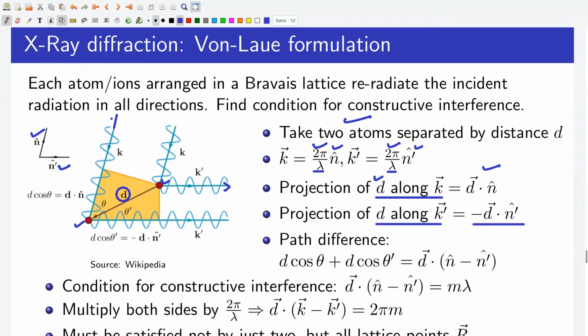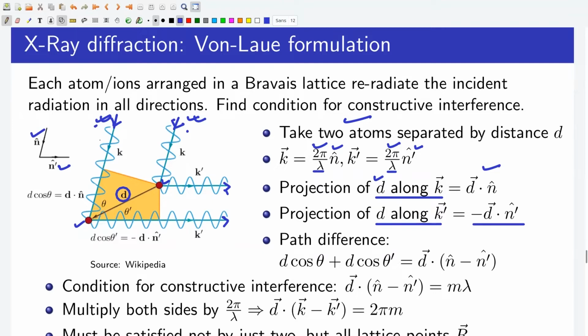Now you see these two waves. The first wave is coming in this direction and going out in this direction. Similarly, if you look at this wave, this is the incoming and this is the outgoing. If you compare these two waves, you see that this particular wave is traveling more path than the second one. We can find the path difference between them.